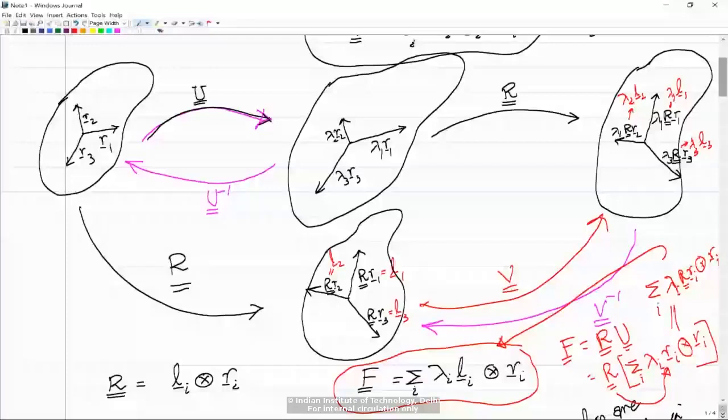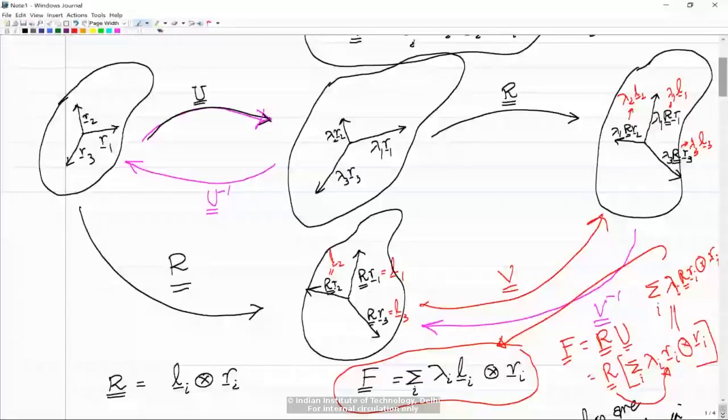But for any other line element, because that won't be an eigenvector, when you multiply that line element with V, it won't give you back a line element in the same direction. So we can say that V, being a second order tensor in dimension three, has only three eigenvectors, and therefore it is only those three lines which do not undergo any change.